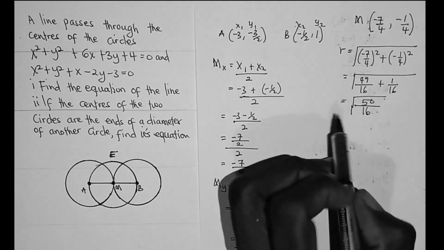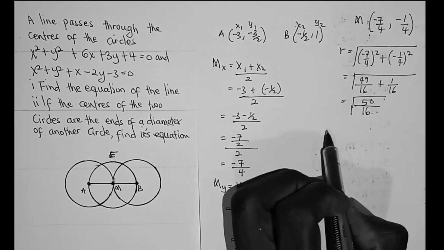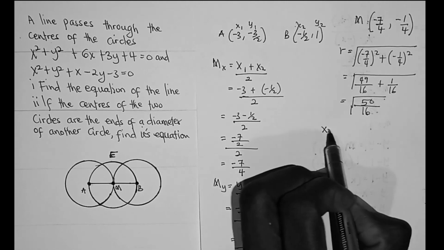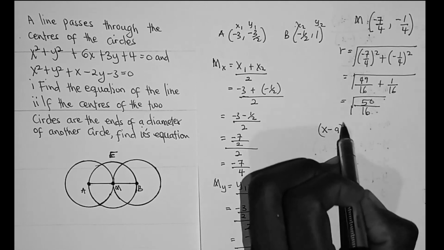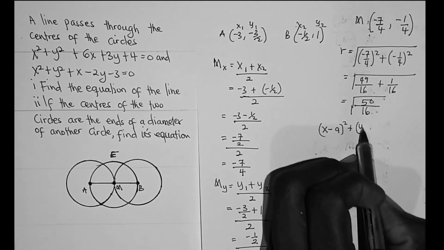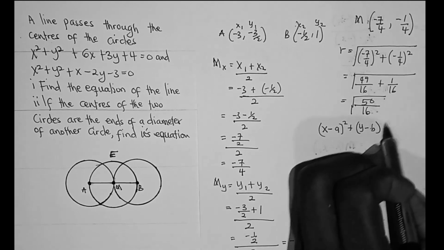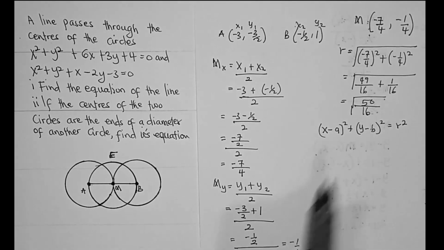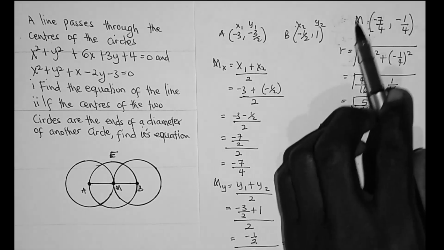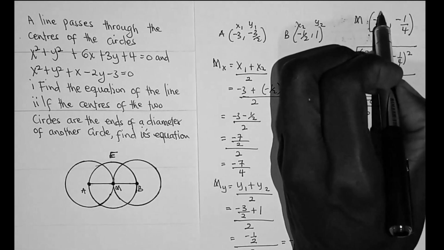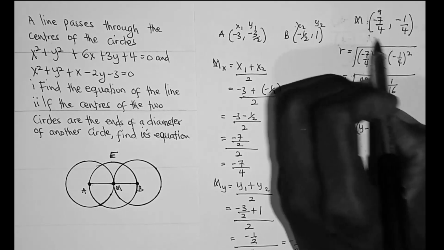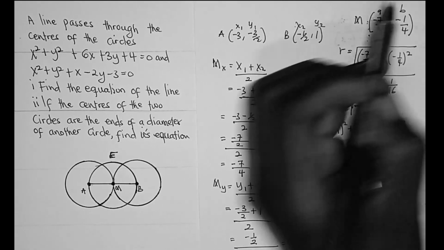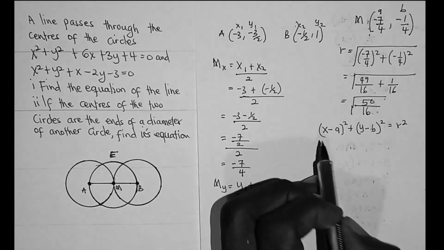Now the equation of a circle is x minus a all squared plus y minus b all squared, which is equal to the square of the radius. So we know the radius and we know the point. So this point's x component becomes a, and the y component becomes b.